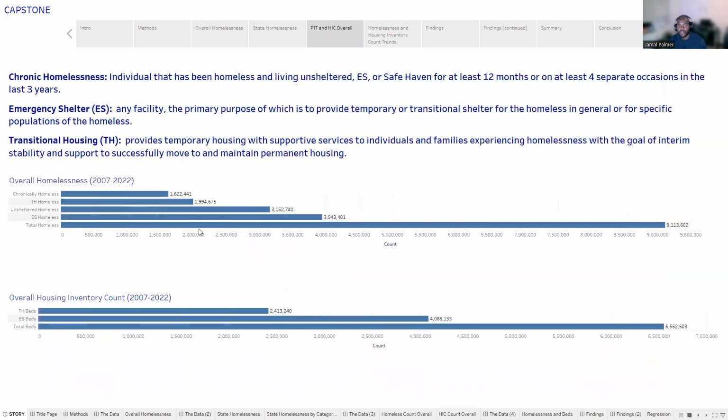So with this, I wanted to provide some better context as to how HUD actually defines homelessness. And so we can read here that there are distinct differences between chronic, emergency shelter, and transitional housing, all the categories that I selected. Right.